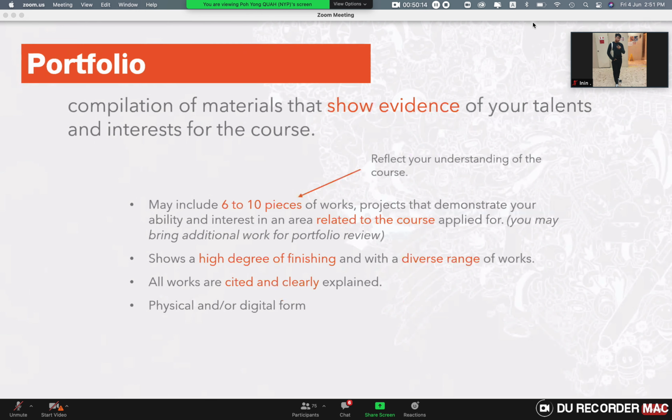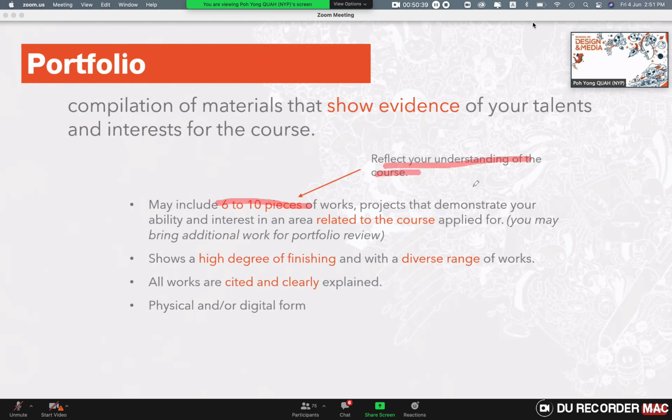So when we look at the portfolio, right, some of your seniors also made mistakes. Now, when we look at portfolio, we're always looking for 6 to 10 pieces of work. We want you to include only this number of work. Why? Because it does reflect your understanding of the course.